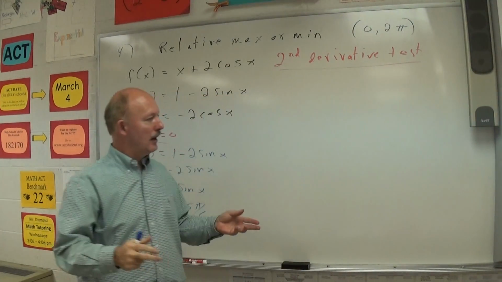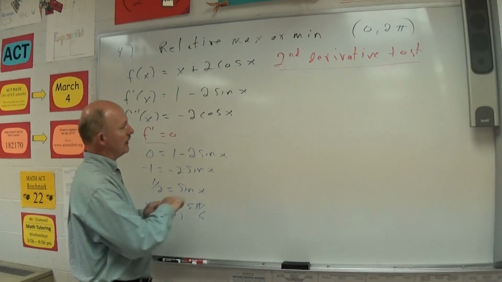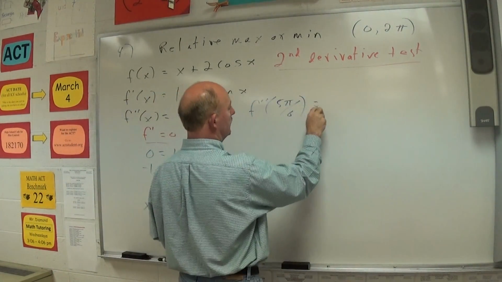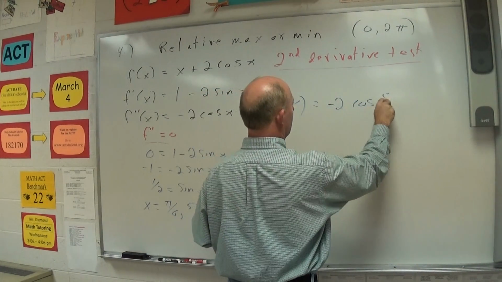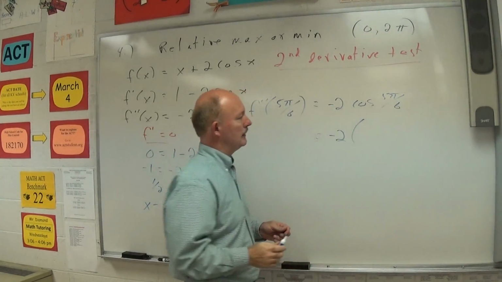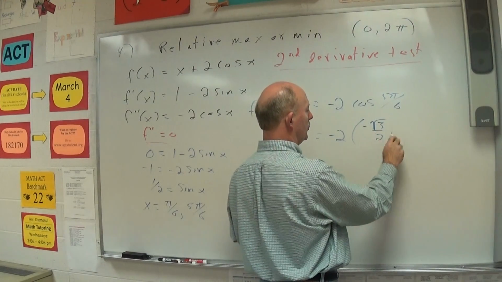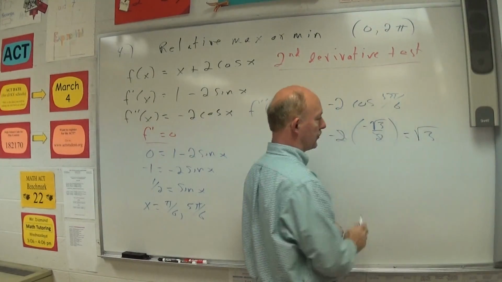Let's see if we have a relative maximum or minimum at this number. So we have 5 pi over 6, and this would be the second derivative: negative 2 cosine 5 pi over 6, which is negative 2 times, since cosine is the x value, negative square root of 3 over 2. These cancel, which makes this a positive square root of 3.